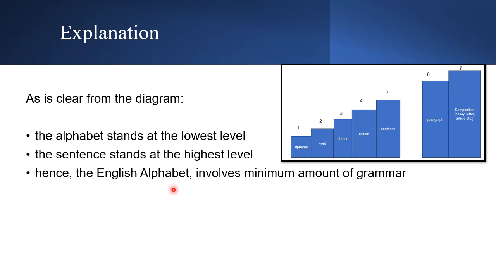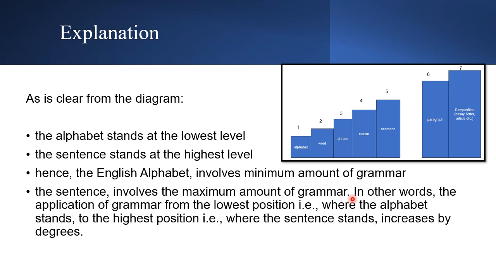Hence the English alphabet involves a minimum amount of grammar. Just to make you understand, there's no measurable amount of grammar, we couldn't say that the alphabet takes only 1 kilogram of grammar and the sentence takes 15. No, this is just to make your concept clear.